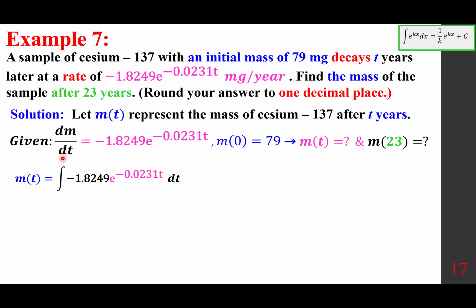When you integrate, you divide by k. So we're going to divide this by the coefficient of t, which is negative 0.0231, and then we write the same thing and a constant.